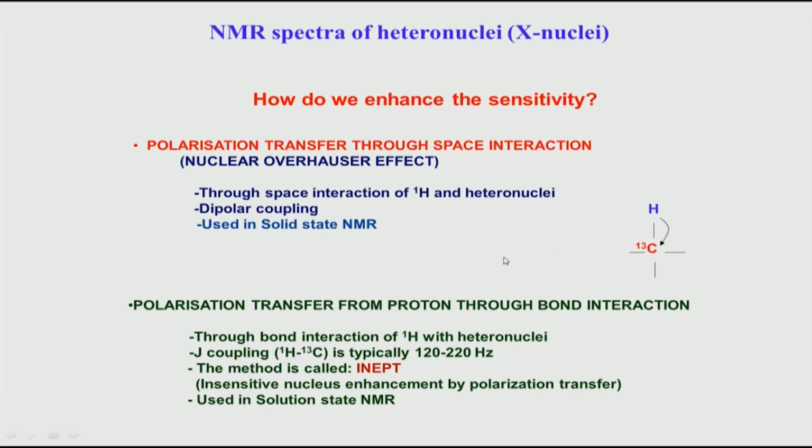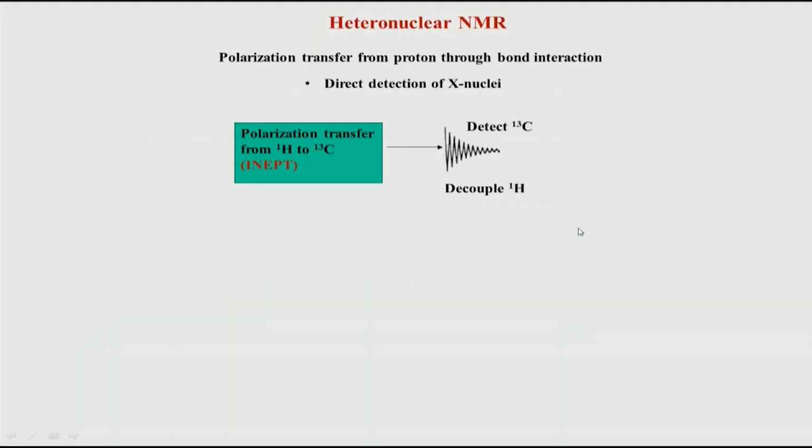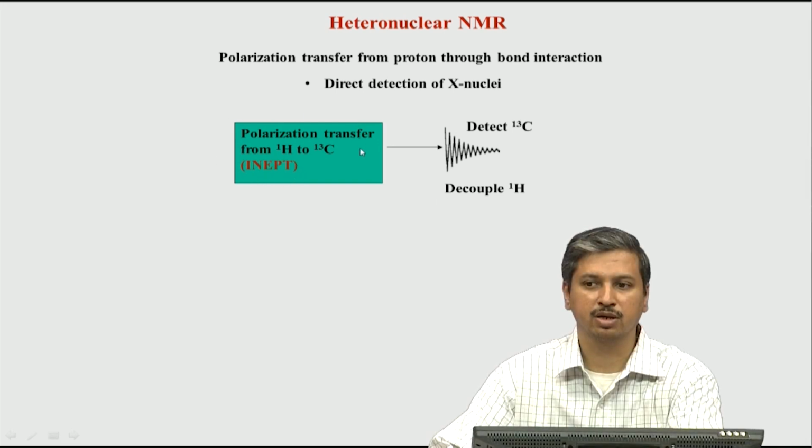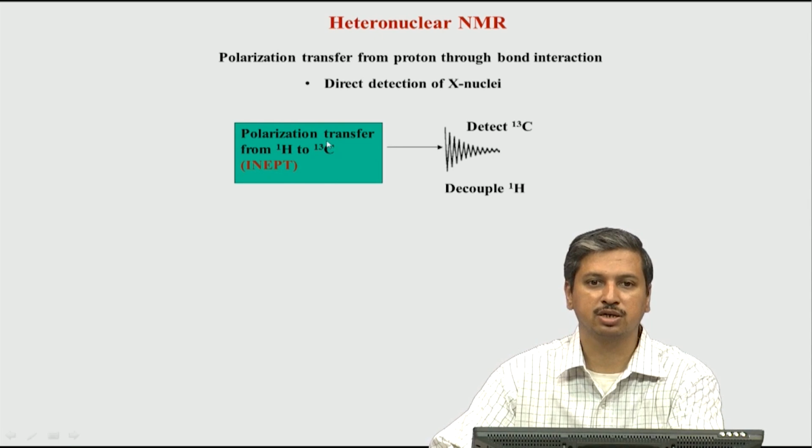Let us see schematically again how INEPT is used in 2D heteronuclear NMR experiments. This is how schematically we can depict a heteronuclear experiment like this. The block which I called INEPT, let us assume that as a box, that is used first to transfer the polarization from proton to carbon.